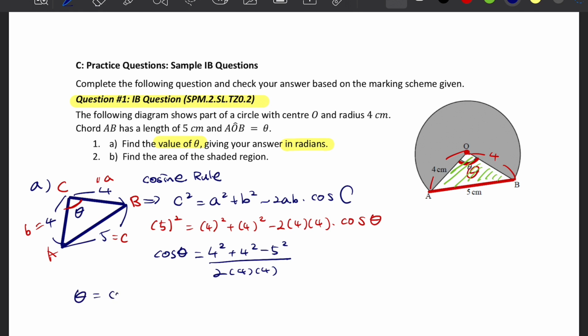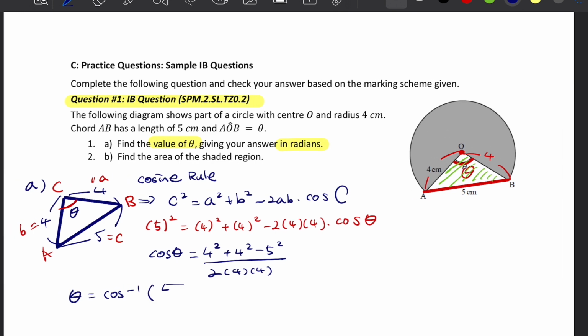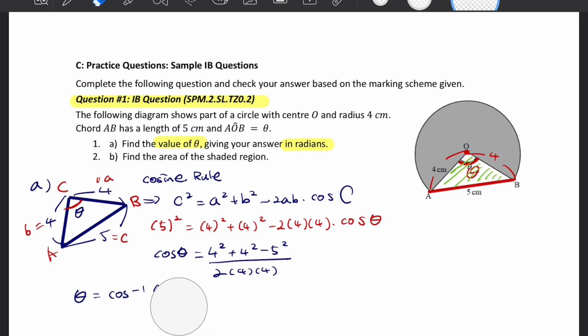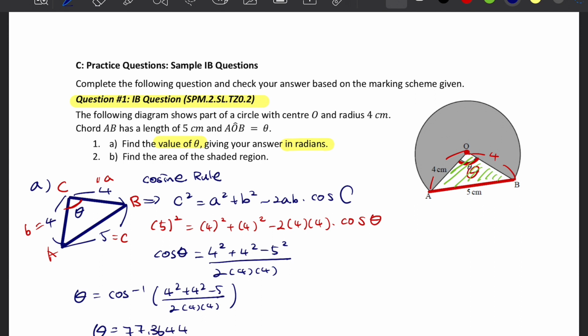Using cosine inverse, angle theta is 77.3644 degrees, and since we need to keep our answer in radians, this is approximately equal to 1.35 radians.